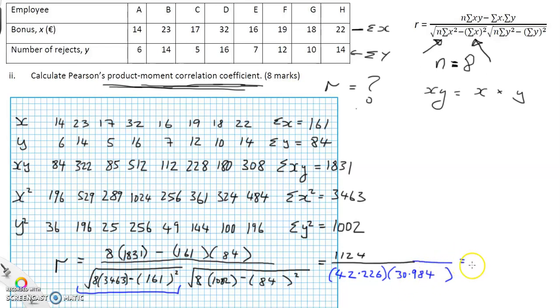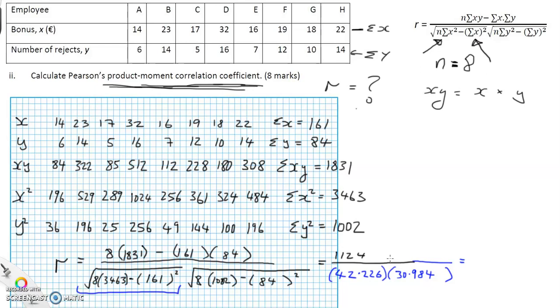Okay, and now I can just use a fraction key and go 1124 on top, and underneath I can have 42.226 multiplied by 30.984.